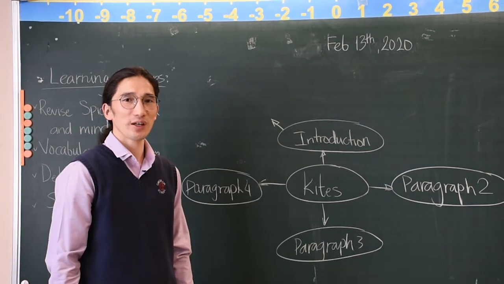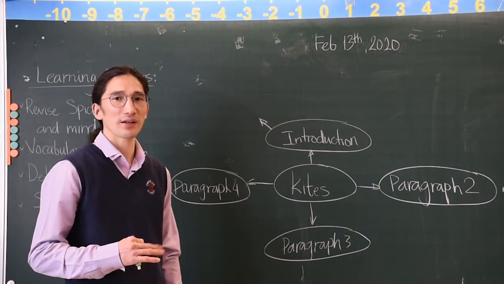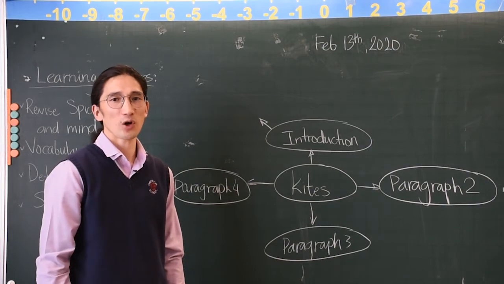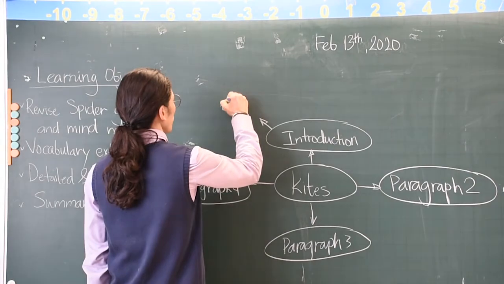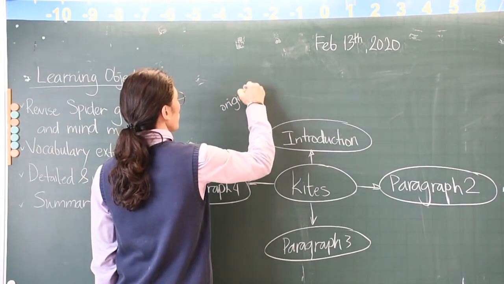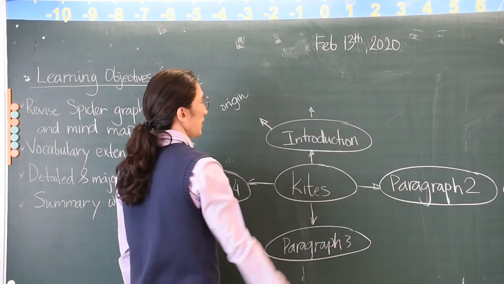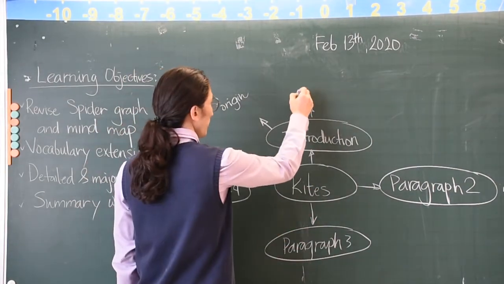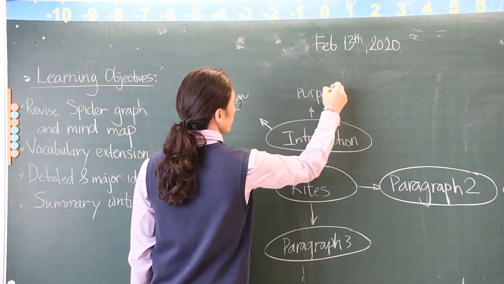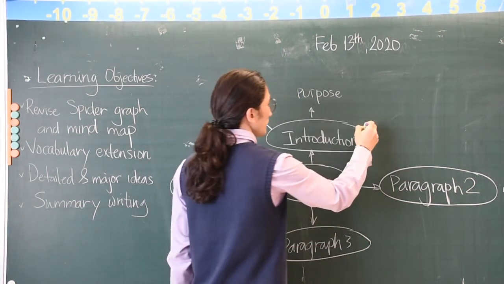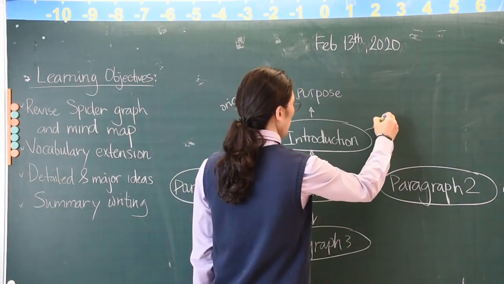So as you see, in paragraph 1, we had 3 main key points or major ideas. These were origin, and the next one was purpose, and the last one was design and decoration.